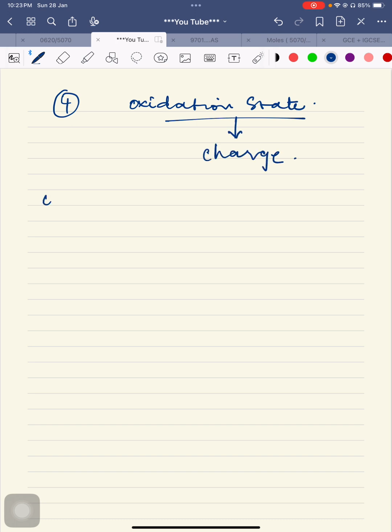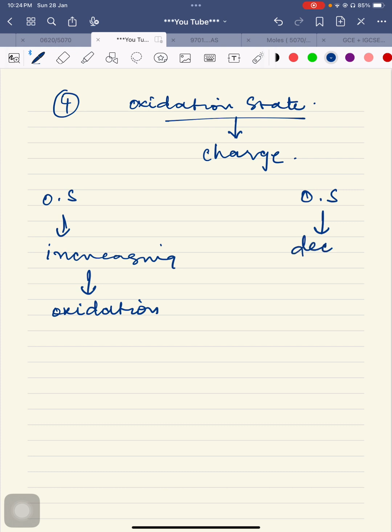If the oxidation state is increasing in a reaction, then we will say that oxidation is happening. If the oxidation state is decreasing in a chemical reaction, then we can say that reduction is occurring. So overall, we can tell that oxidation or reduction is occurring based upon the oxidation state.